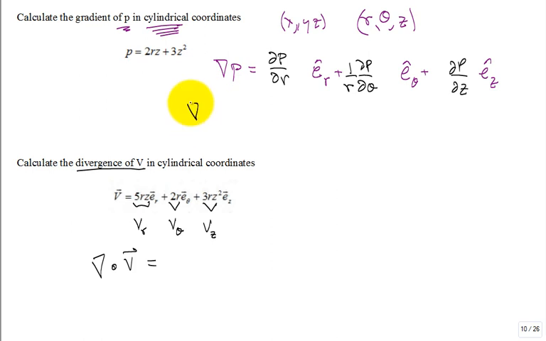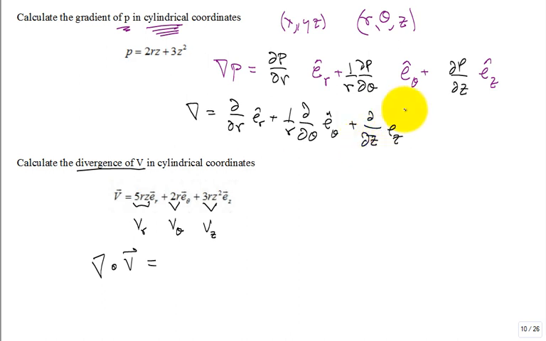Let me do this one. This del, is that equal to the partial with respect to r, e sub r, plus 1 over r partial with respect to theta, e sub theta, plus the partial with respect to z, e sub z? Is that one way of describing the del operator in cylindrical coordinates?